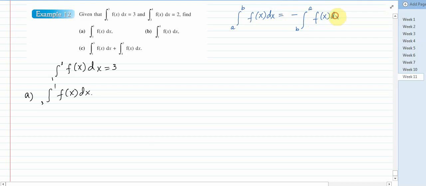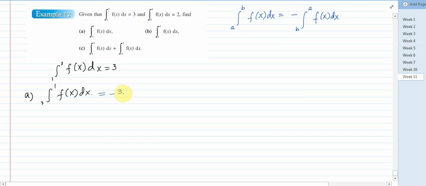That we had already discussed in the last class. If it's a to b and now we are doing b to a, we need to change its sign. The same thing we need to apply in this question. The 1 to 3 limit is given and it asks 3 to 1. So if 1 to 3 it's positive 3, then 3 to 1 will be negative 3. That is your first part answer.